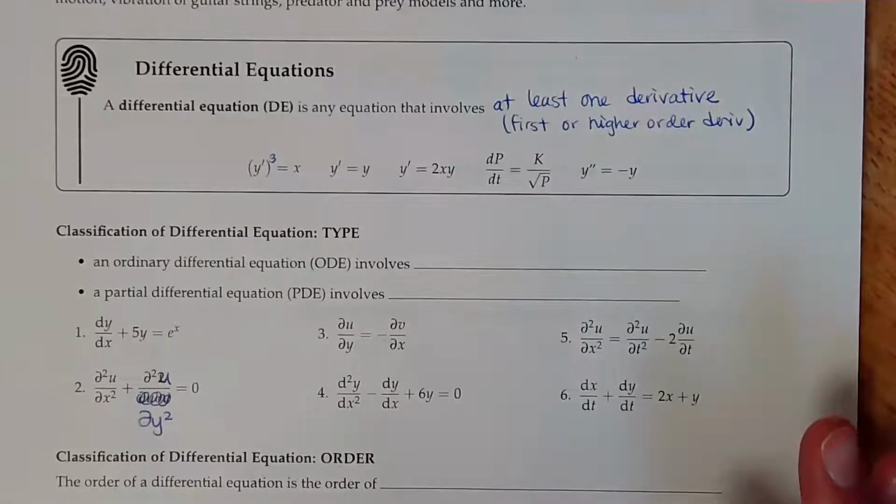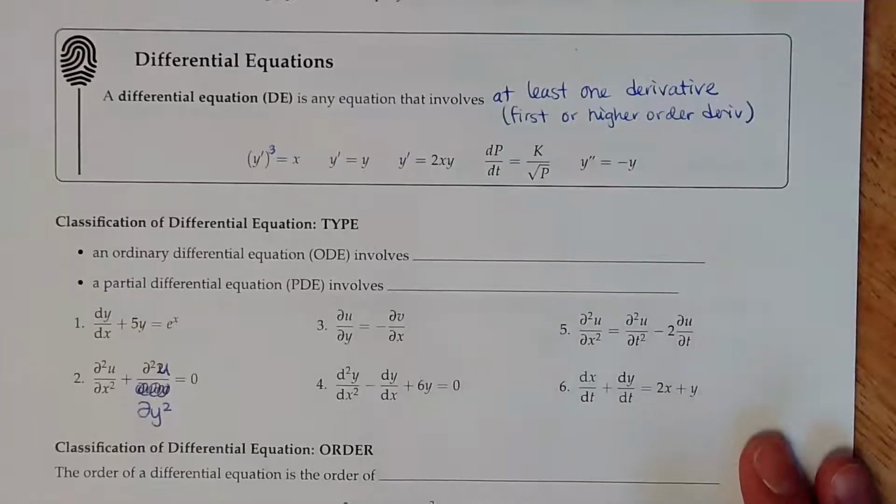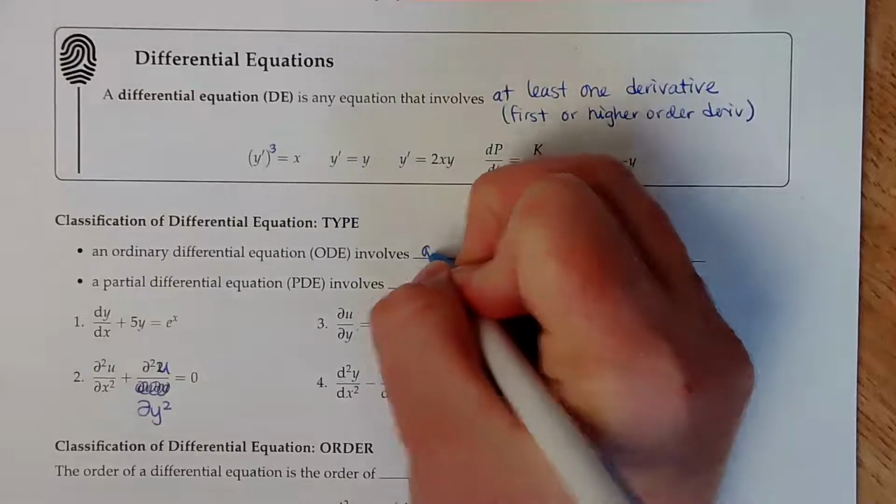So let's look at ways that we classify our differential equations. The first is by type. We have two types: ordinary differential equations and partial differential equations. We call these ODEs and PDEs. An ODE involves a single independent variable.